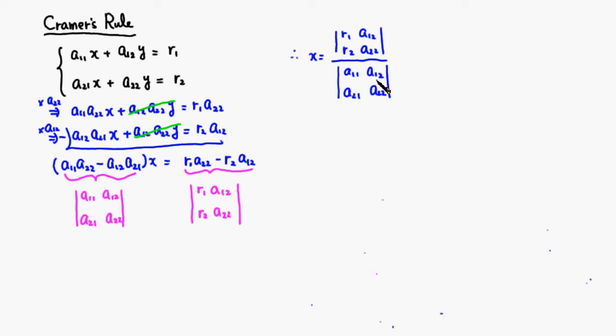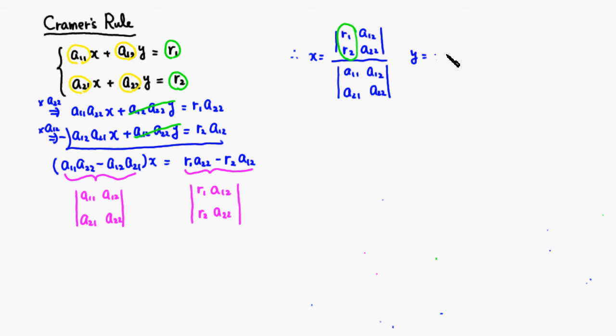You can see that on the bottom this is just the coefficient matrix, a11, a12, a21, a22. So you put the determinant of the coefficient matrix, but the numerator is the coefficient matrix, except that if you want the x value, we replace the first column by the right hand side, r1 and r2. So can you guess what the y value would be?